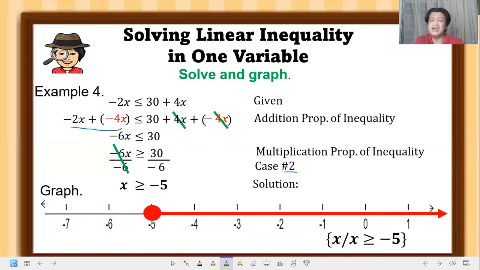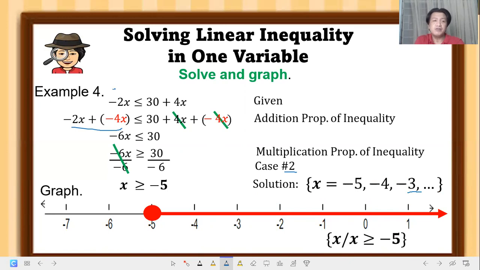We have x such that x is greater than or equal to negative 5. And our solution would be x is negative 5, negative 4, negative 3, and so on and so forth. Kapag chinek natin yan, kuha ka lang ng isang value dyan. Let's say negative 3. Piliin ko yung negative 3.